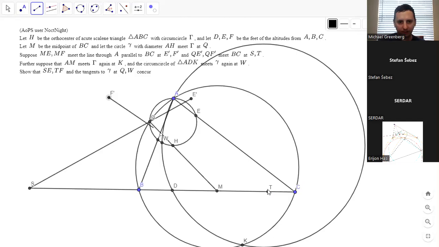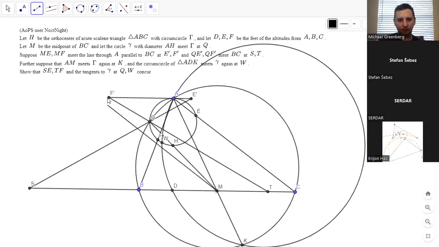Let's see, S and T. This is tangent. This is where AM meets it. There we go. Yeah, it does look hard.